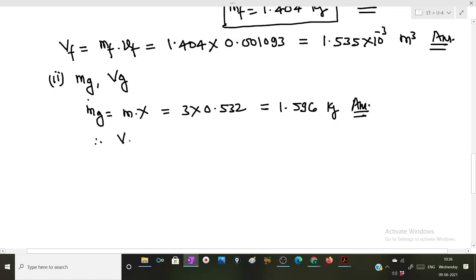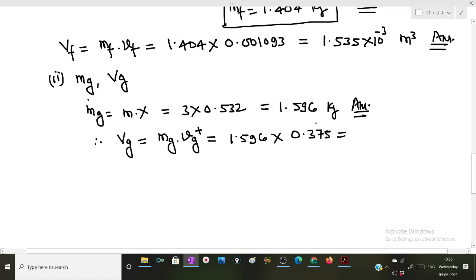Similarly, the total volume of dry saturated steam will be the product of the mass of dry saturated steam and the specific volume of dry saturated steam. So 1.596, and this value we already have from the steam table, 0.375.